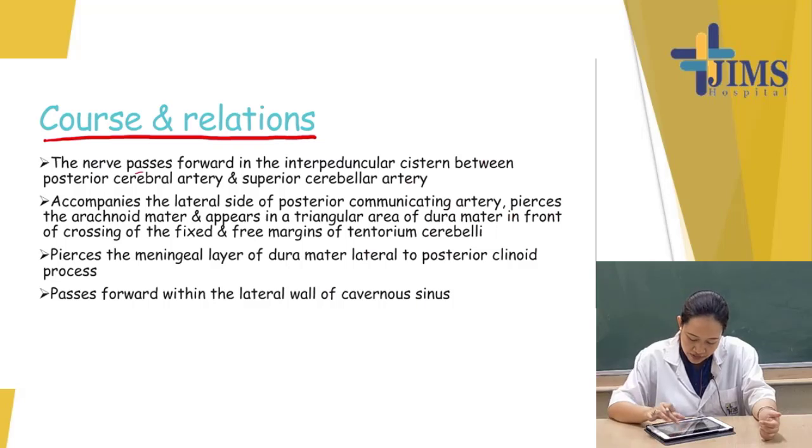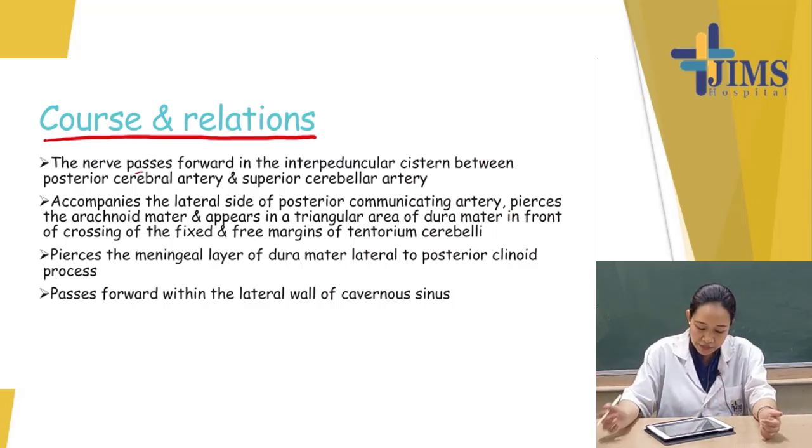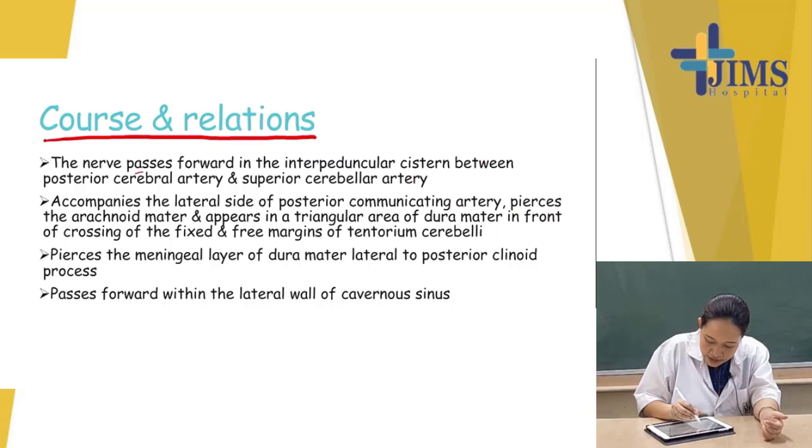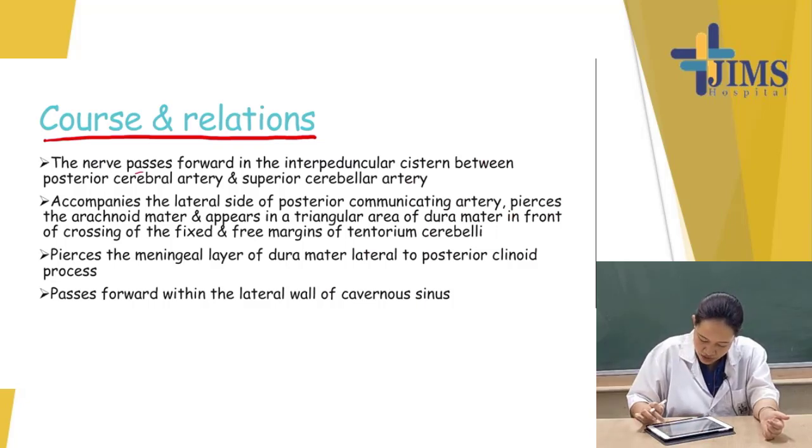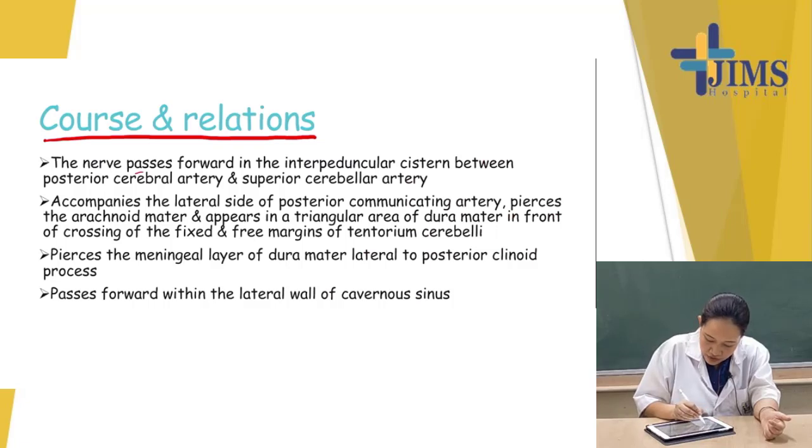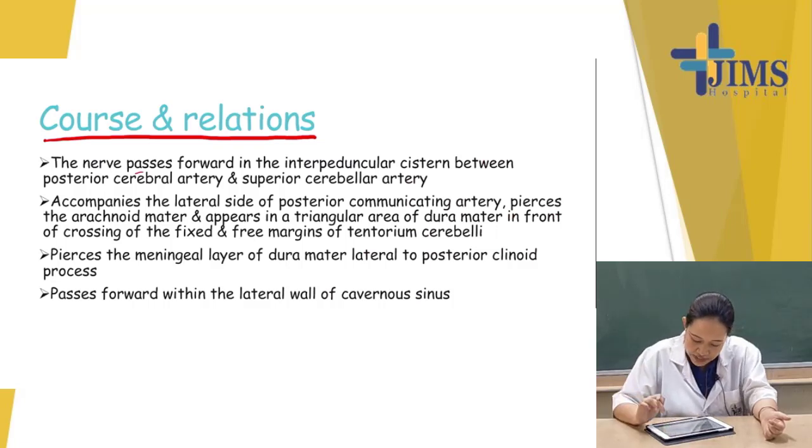What happens after that? Then it accompanies the lateral side of the posterior communicating artery, pierces the arachnoid mater and appears in a triangular area of dura mater in front of the crossing of the fixed and the free margin of the tentorium cerebelli. We need not be confused here.